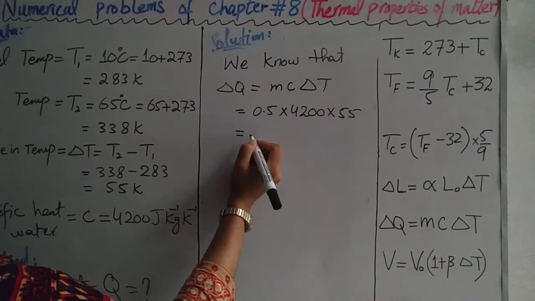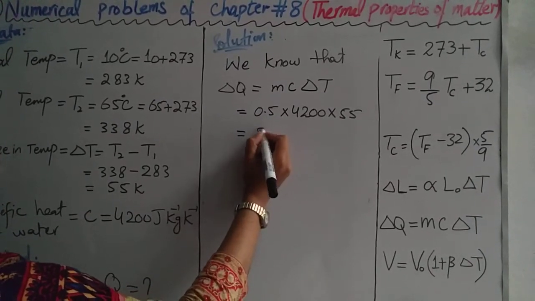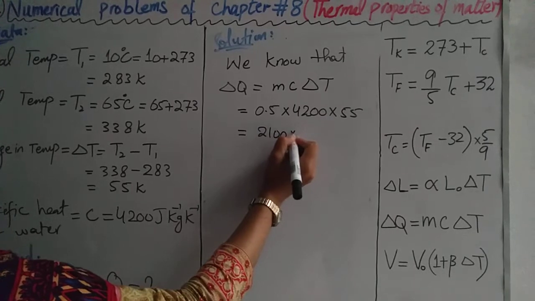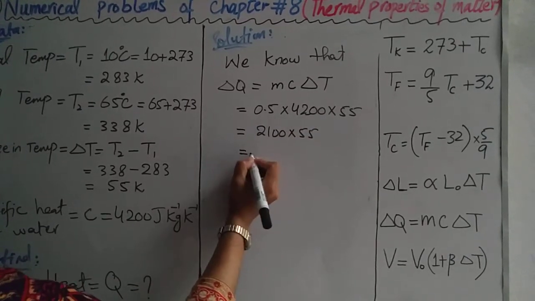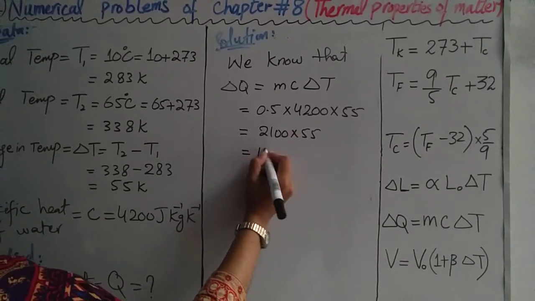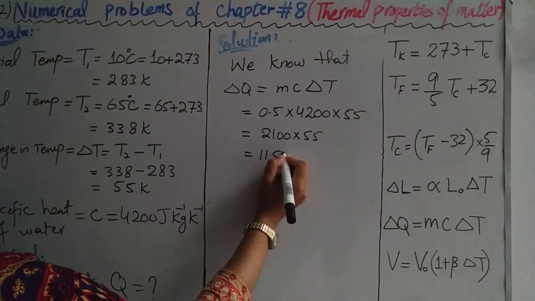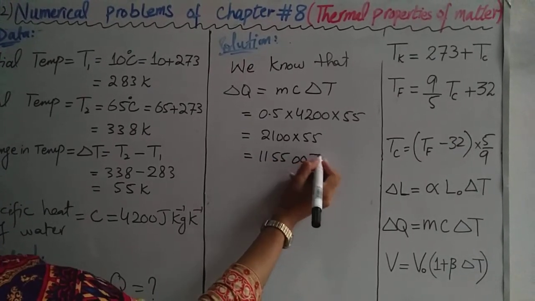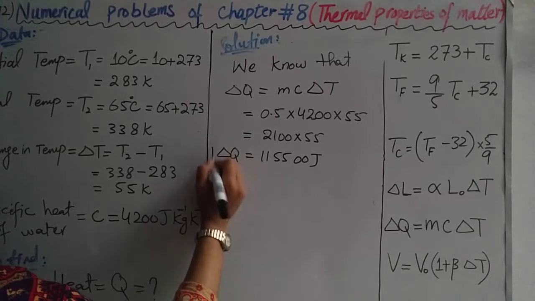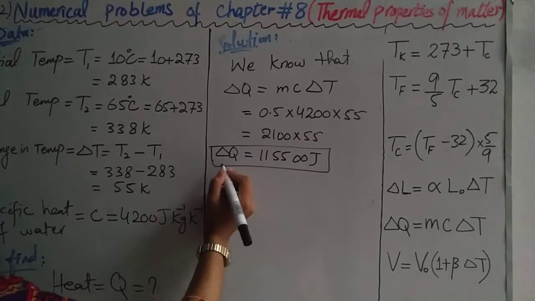Now by multiplying all this, we have 2100 multiplied by 55, which is equal to 115500 joule. That is our required heat.